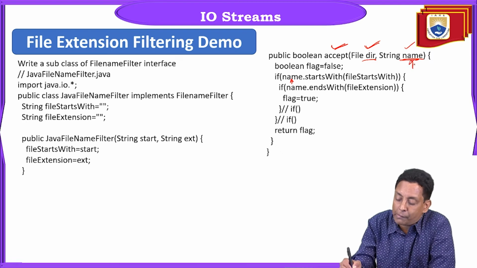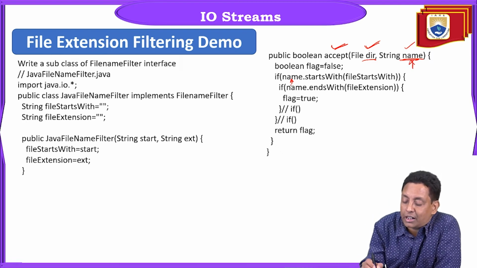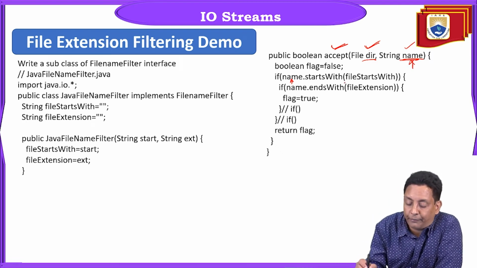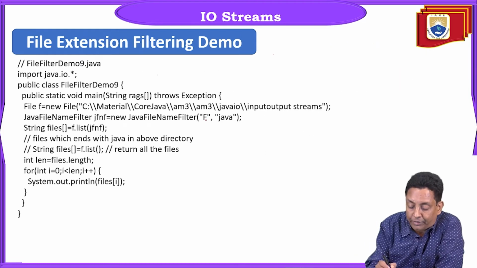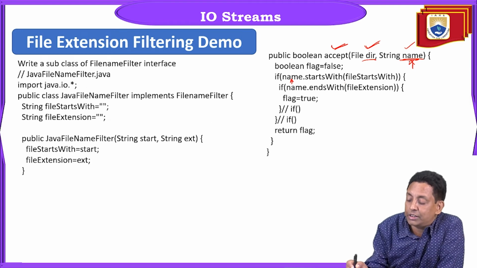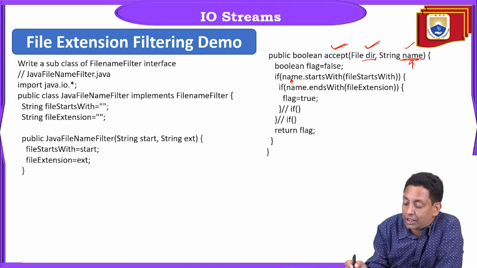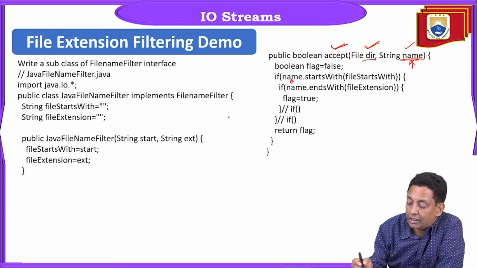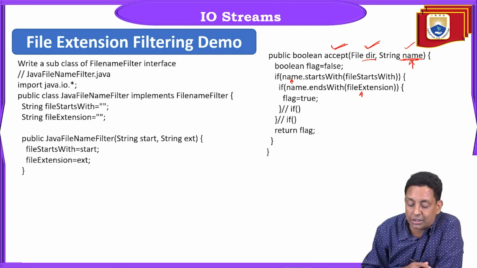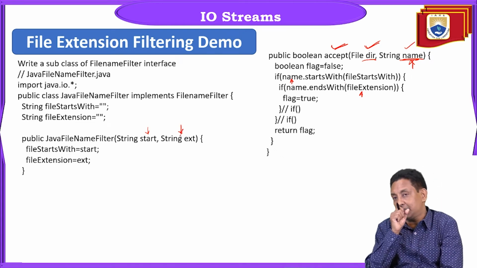So each file name will be passed as argument. Here we are checking if name starts with what we passed as argument here, F. Once the file name is passed as argument, we are checking whether the file begins with F or not. And one more condition is whether the file ends with the extension or not. Is the file beginning with this character or not? Is the file ending with this extension or not?